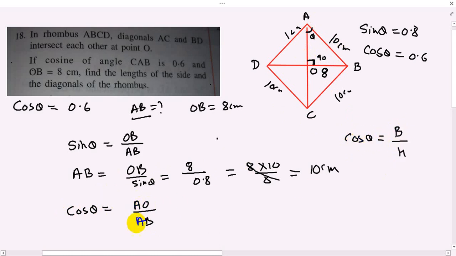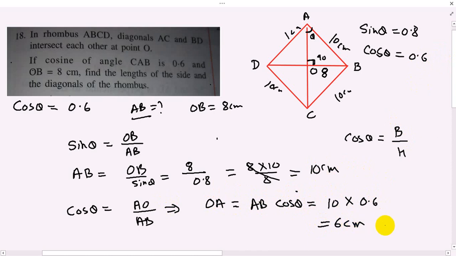So we can rearrange the formula: OA is equal to AB cos theta. AB we have already found, so 10 into cos theta, and cos theta is equal to 0.6. So this comes to 6 centimeter.